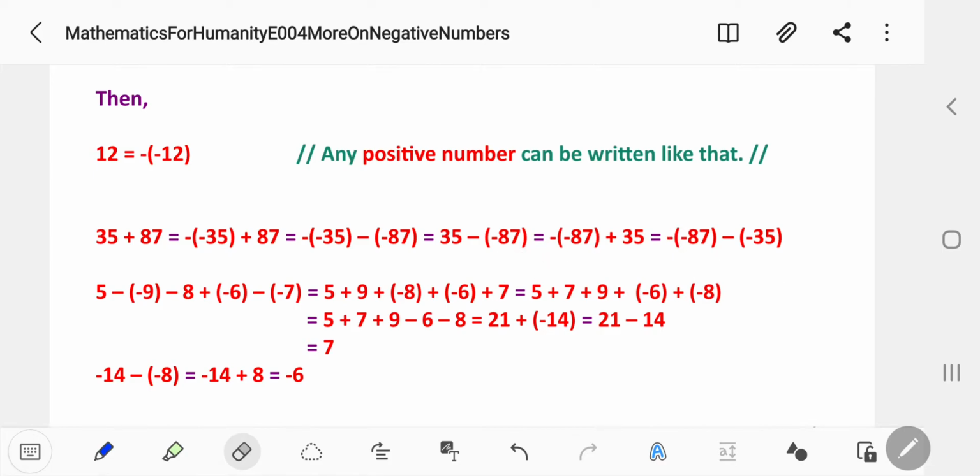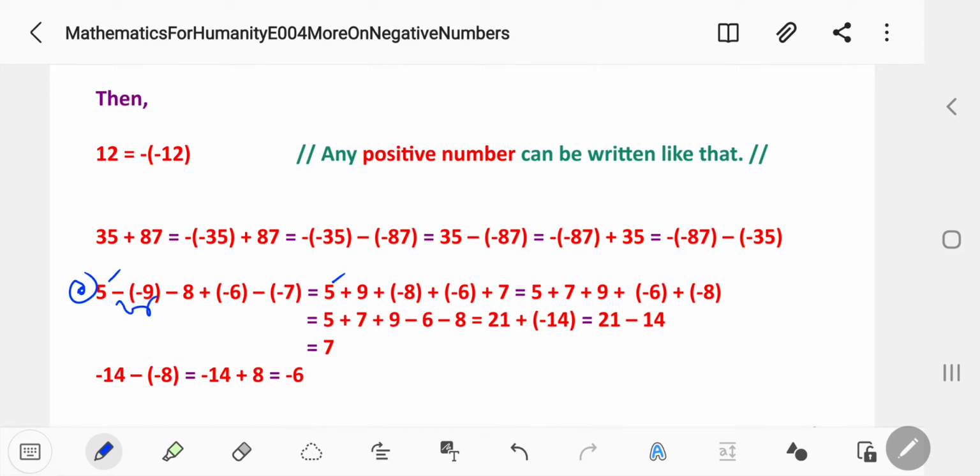Now the next one is this example. You have 5 minus negative 9, then minus 8 plus negative 6 minus negative 7. You can write that as 5.